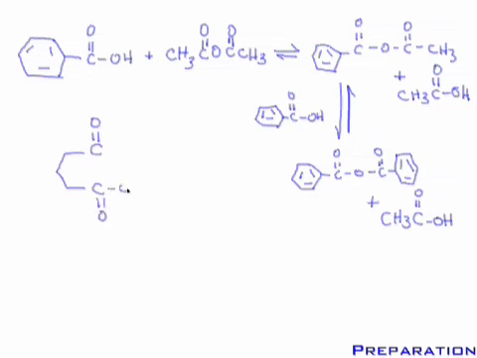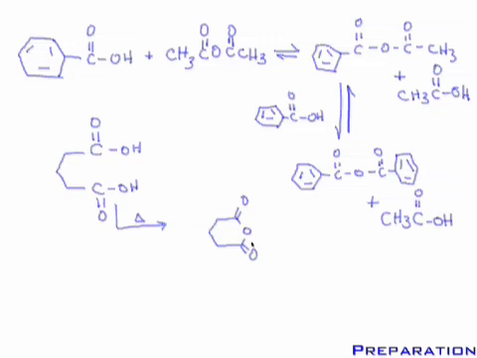So if I take something like glutaric acid and I apply heat, I can make glutaric anhydride. Now, we've already covered this in a previous Scribblecast lecture, but it is preparation of cyclic anhydrides.